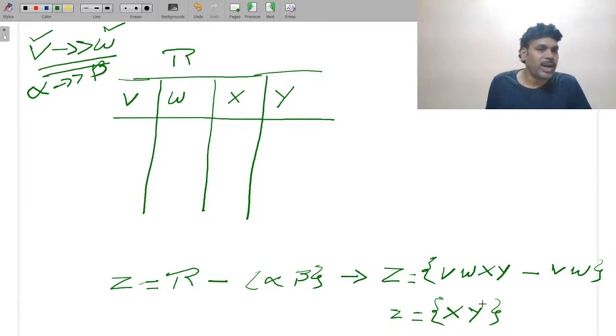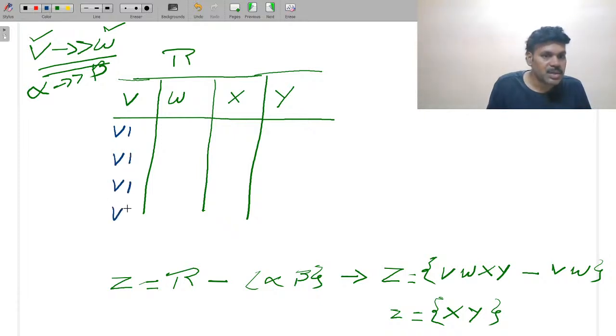So let me provide the data to prove this V implies W. Okay. First, four tuples should be matched: V1, V1, V1, V1. So whenever V is matched, LHS is matched, we are checking whether V tends to W is possible or not.